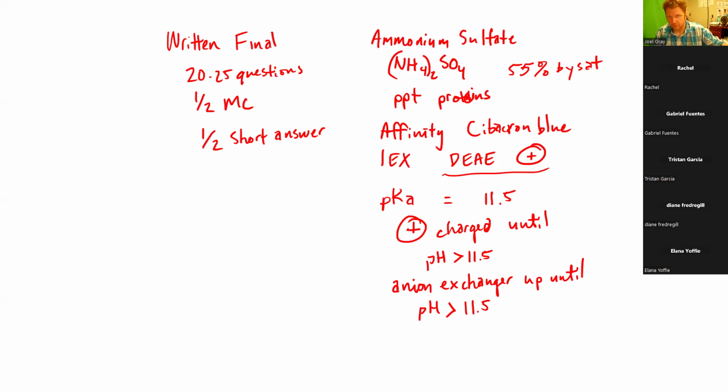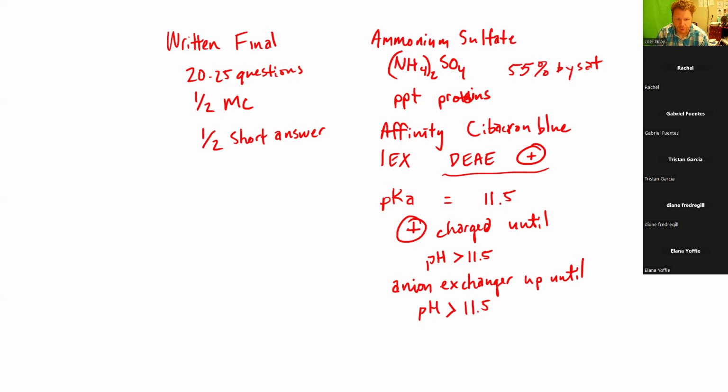If you had a protein that was negatively charged at a pH of 13, this isn't the column for you. So we used those two types of chromatography. We used ammonium sulfate, and we were trying to purify lactate dehydrogenase.